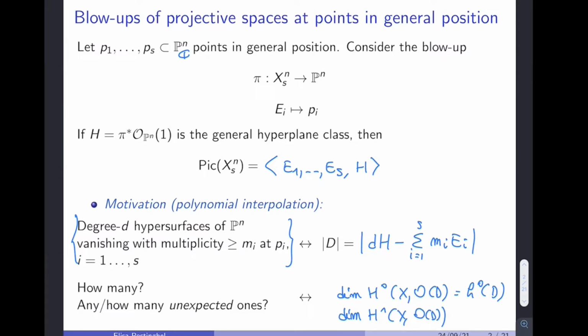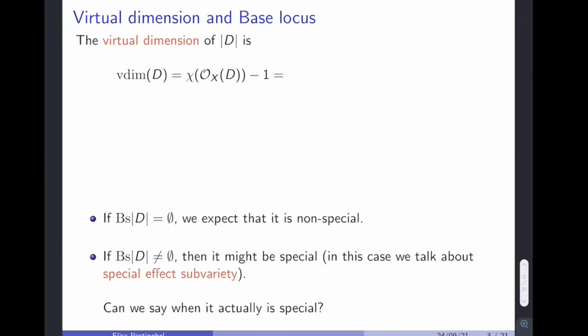In order to justify this claim, I am going to be a little bit more specific on what the expectation is. We call the virtual dimension of the linear system associated with D the Euler characteristic of the sheaf minus 1. With a little bit of calculation, one can see that this equals the following number. I take this binomial, (n+d choose d), which is the number of homogeneous polynomials of degree d in n+1 variables, so the number of hypersurfaces of degree d of the n-dimensional projective space.